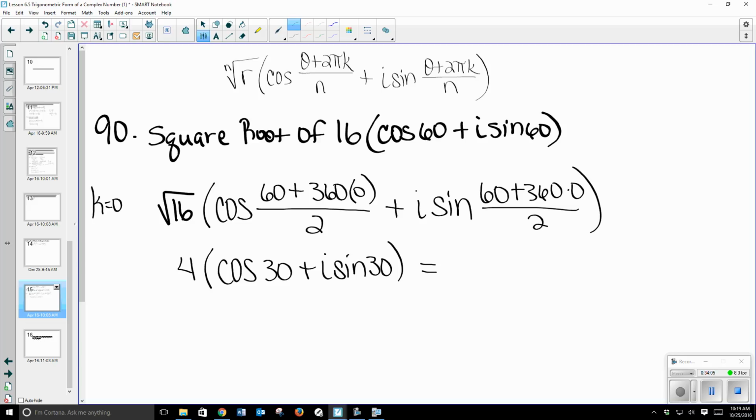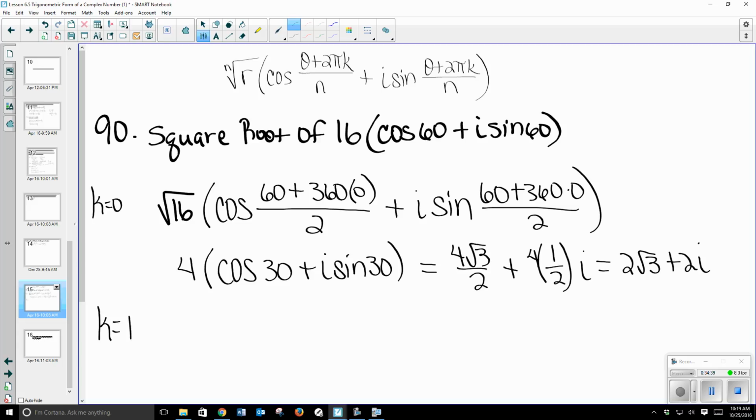Root 3 over 2. What's 4 times root 3 over 2? Which is 2 root 3 plus 2i. So that would be in standard form.